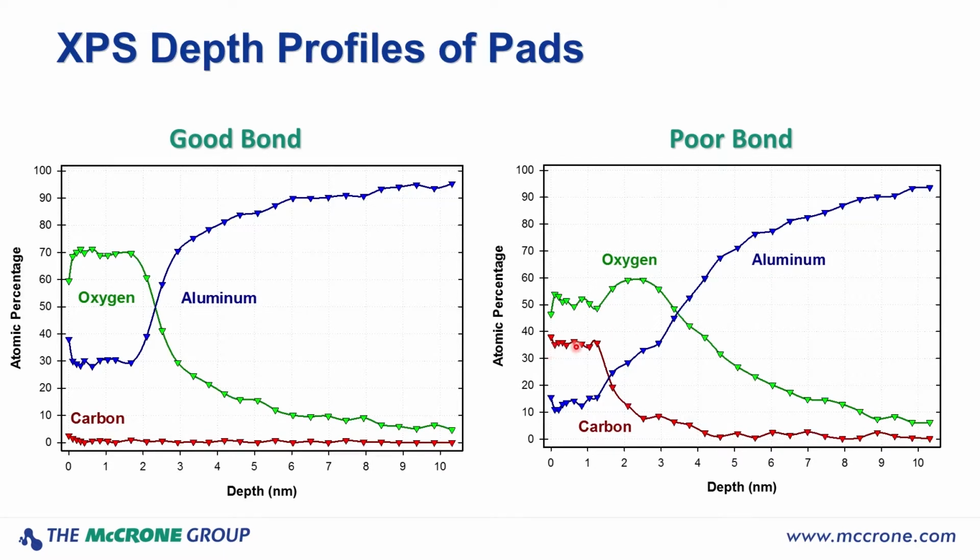Once we sputter through the carbon layer, then we see the oxide layer that we would expect from an aluminum metal surface, and then eventually we sputter through that and the aluminum metal is exposed, oxygen and carbon go down. From this analysis, we can say that the thickness of this carbonaceous film on the surface of these wire bond pads is less than 2 nanometers thick.